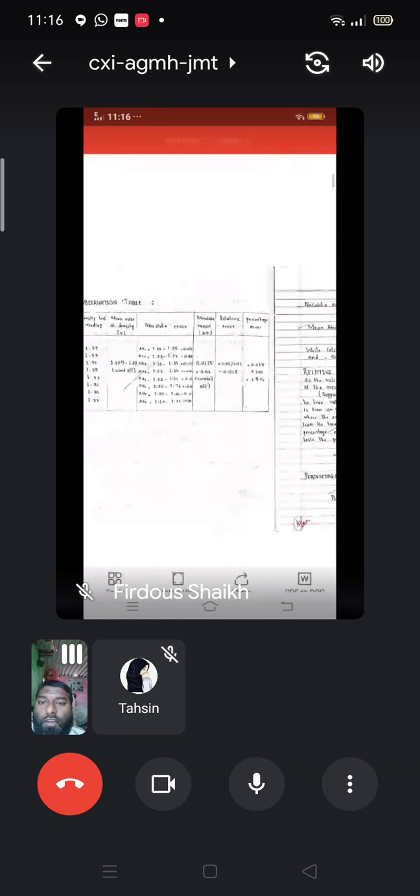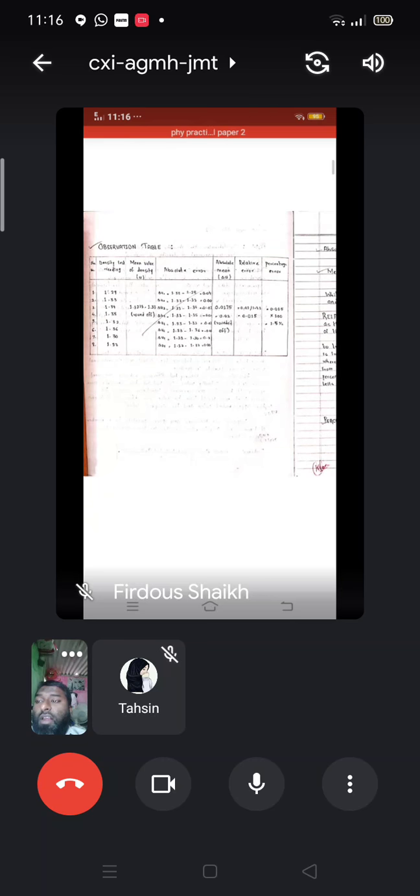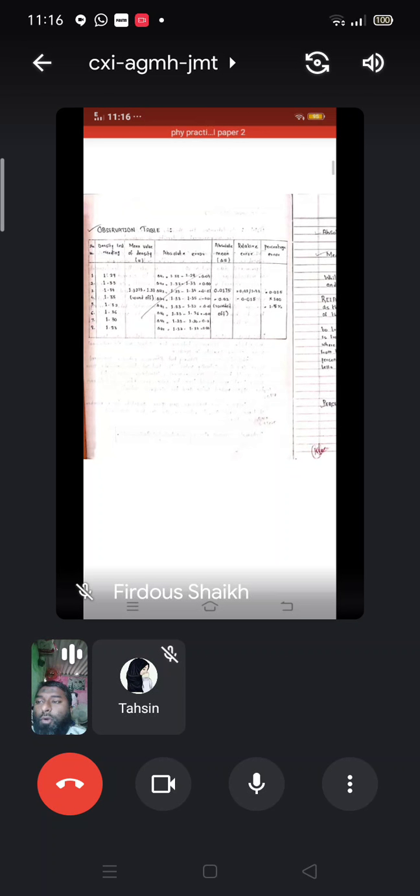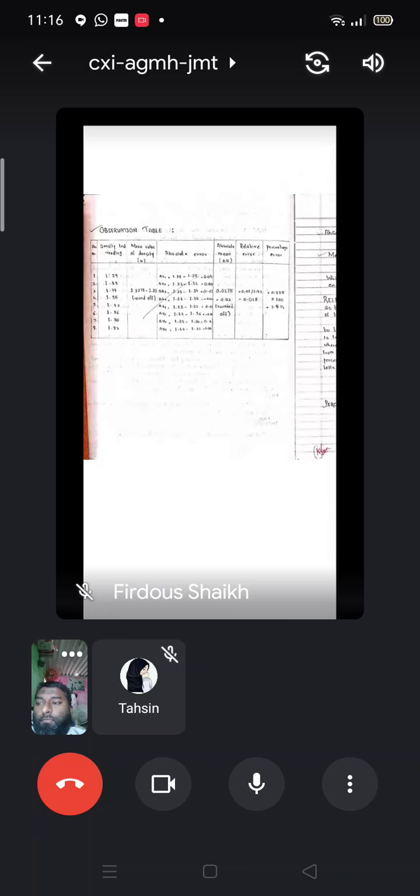Now we can see the observations. Density values are given. You can take the mean of all these density values. Then we will round it. Here in the table you can see 1.3275. You can take it directly as 1.33. Then you can calculate the absolute error for each individual value. Okay.